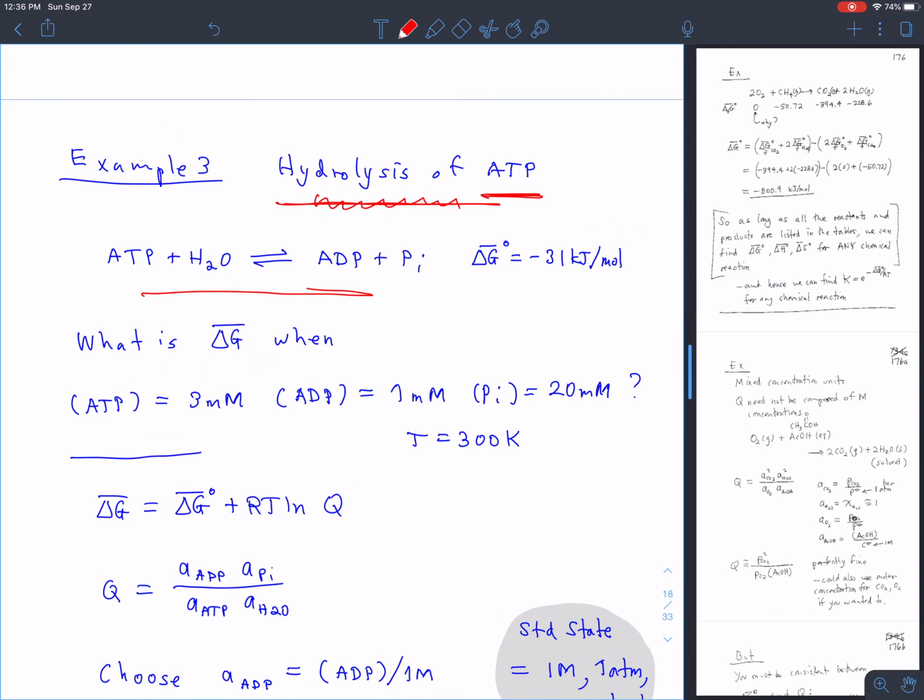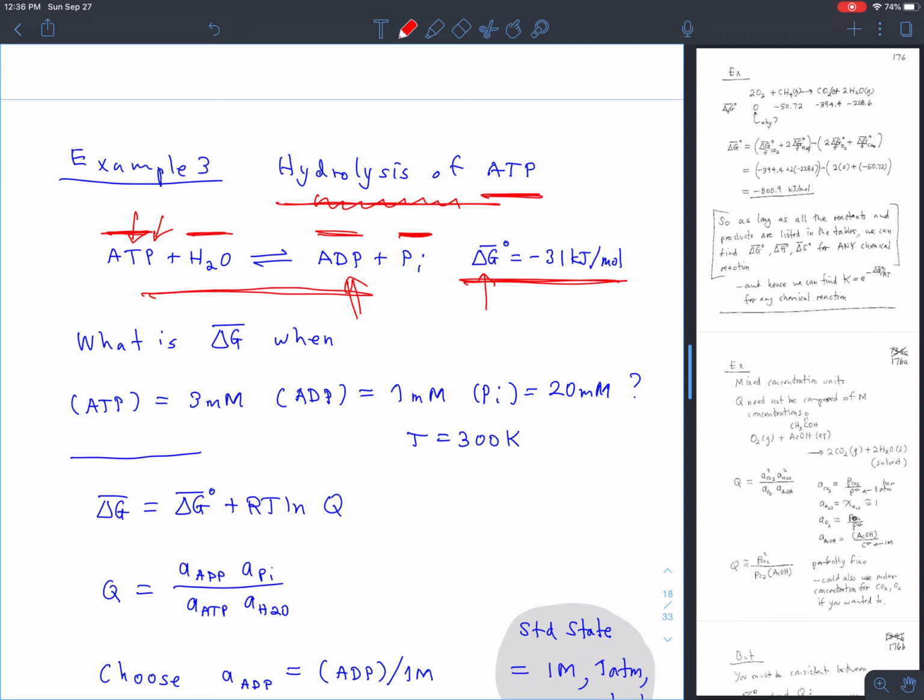So this reaction provides the energy that drives most of the chemical machines in the cell. The delta G0, so let's look at the reaction. It's ATP, where the T stands for tri and the P stands for phosphate, so adenosine triphosphate, with a water molecule cleaves off one of the three phosphates to form diphosphate, ADP.